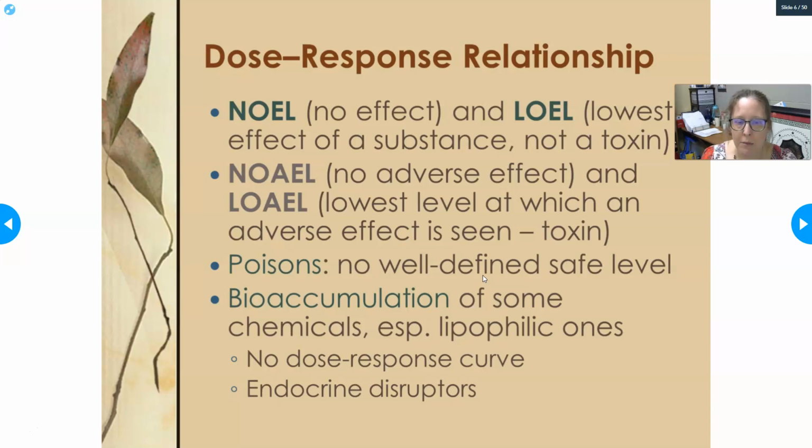And then some chemicals can exhibit bioaccumulation, and those that exhibit bioaccumulation don't really have a dose response curve, because your body basically hides it away in your fat cells. Usually these are lipophilic chemicals, and the body has a hard time detoxifying them or getting rid of them, so it stashes them in your fat cells.